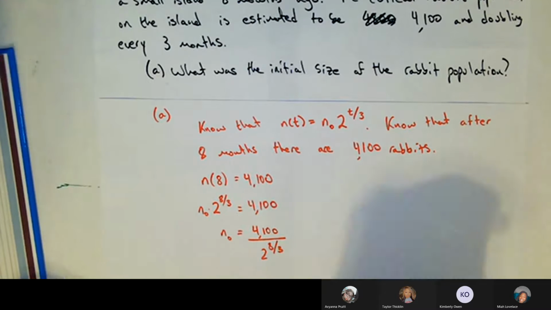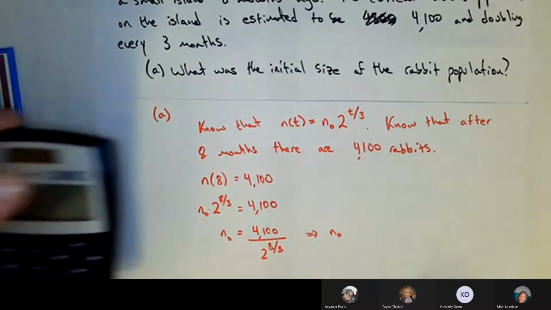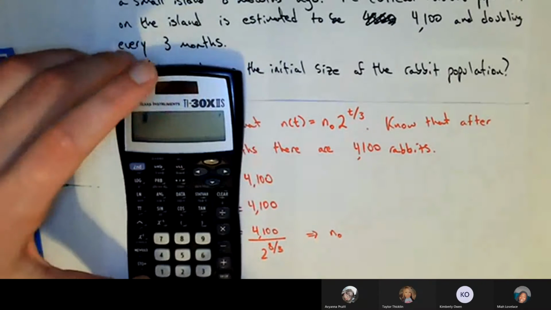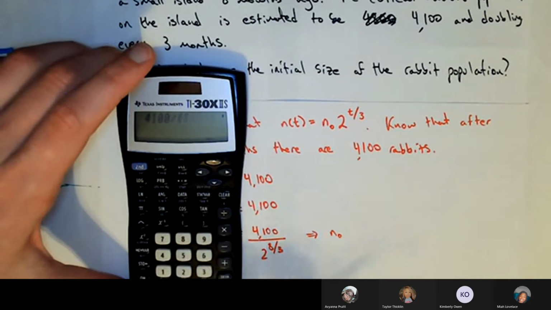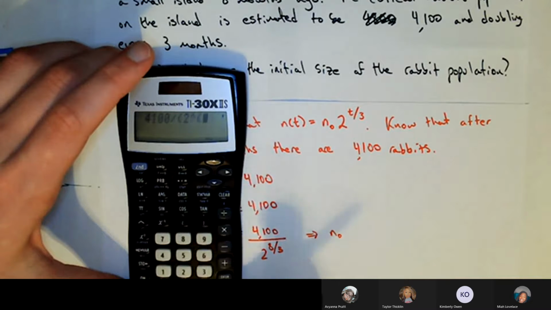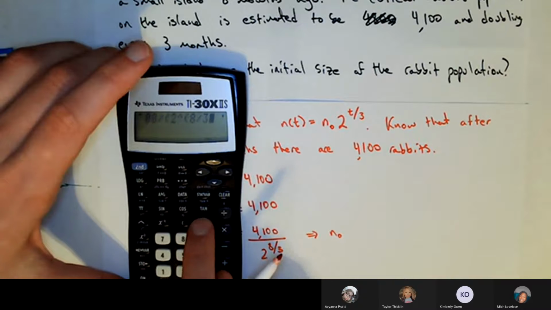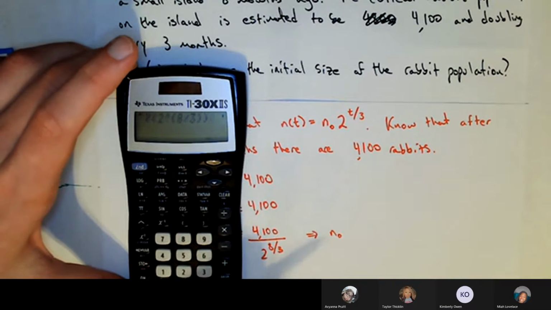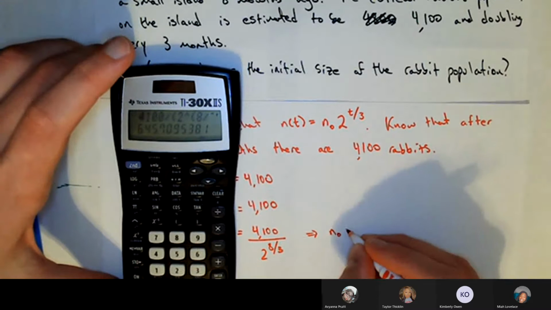So just divide on both sides. Then n naught will be 4,100 divided by, I'll wrap it in parentheses just to be safe, 2 raised to the, need another parentheses for my exponent, 8 divided by 3 in the exponent position, close both parentheses.